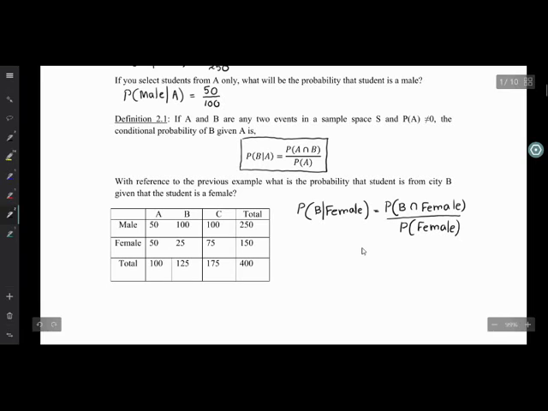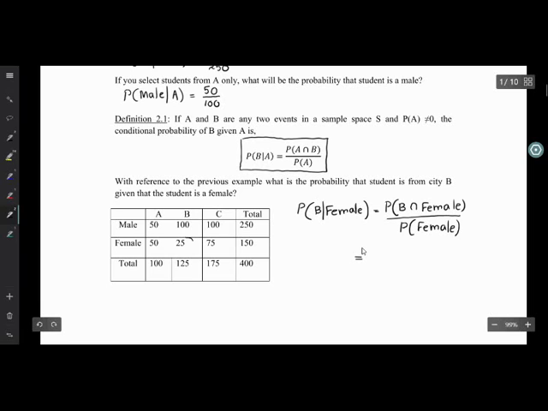Okay, so what is the probability that the person is from city B and female? Now this is a general probability, so we look at the whole sample space, 400. The probability that a selected student is from B and female is where they intersect. So here's the female line, here's the city B line.